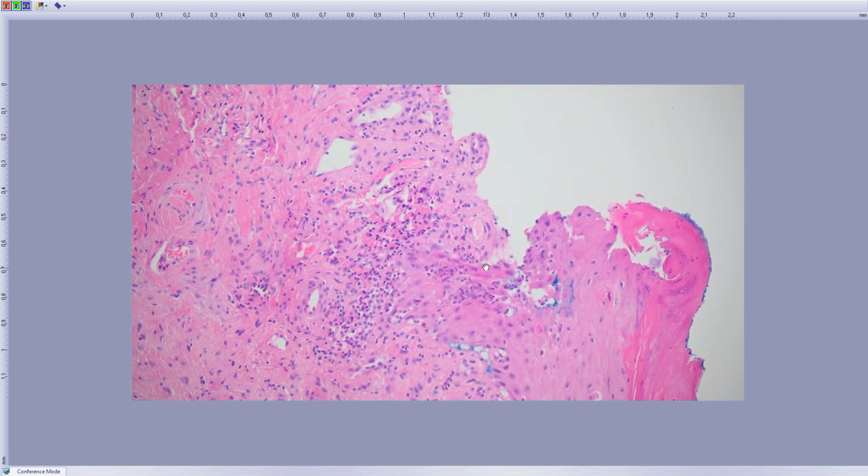And there is another very interesting thing. When we did P53, we got a typical picture that we should get.